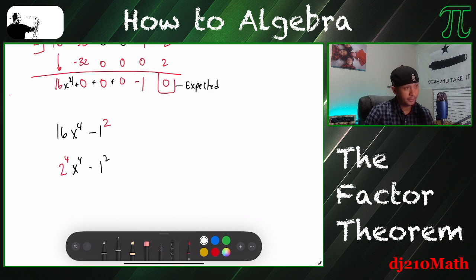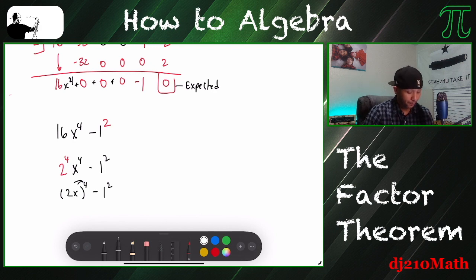Okay, the 4th power on both the 2 and the x can, in a sense, be factored out in a way, right? So this means that (2x) to the 4th minus 1 squared, right? Because if you think going backwards, if I apply the 4th to each of these, the 2 and the x, I get the line above. So this can be done.